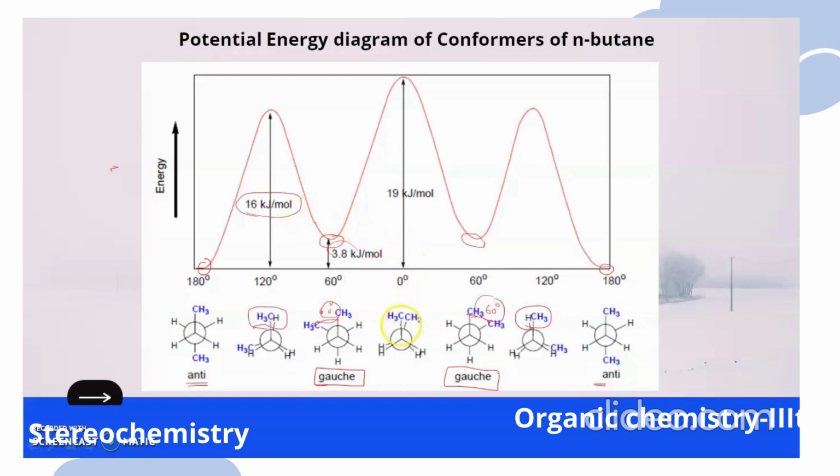And the least stable conformer is the fully eclipsed form, where the two methyl groups are so closely packed because of the electron crowding of the bulky methyl groups.